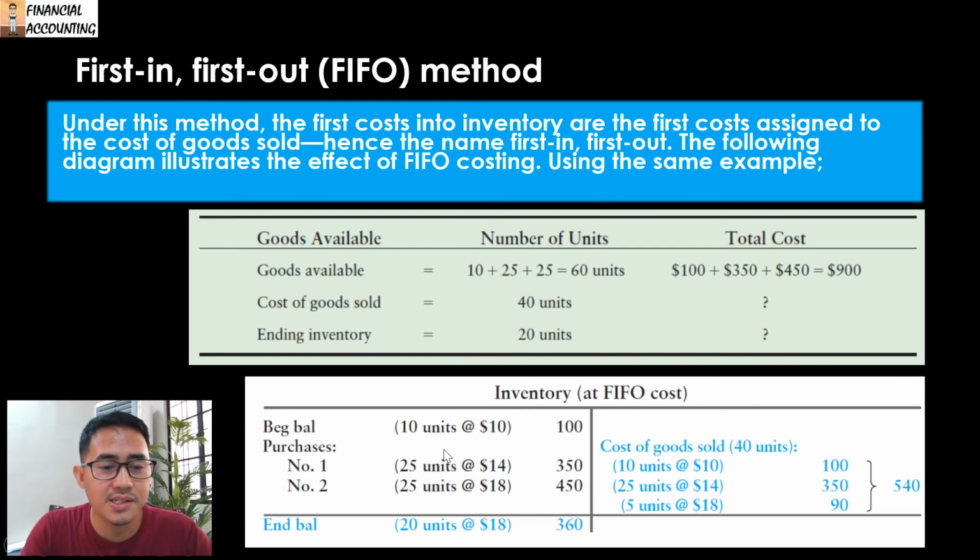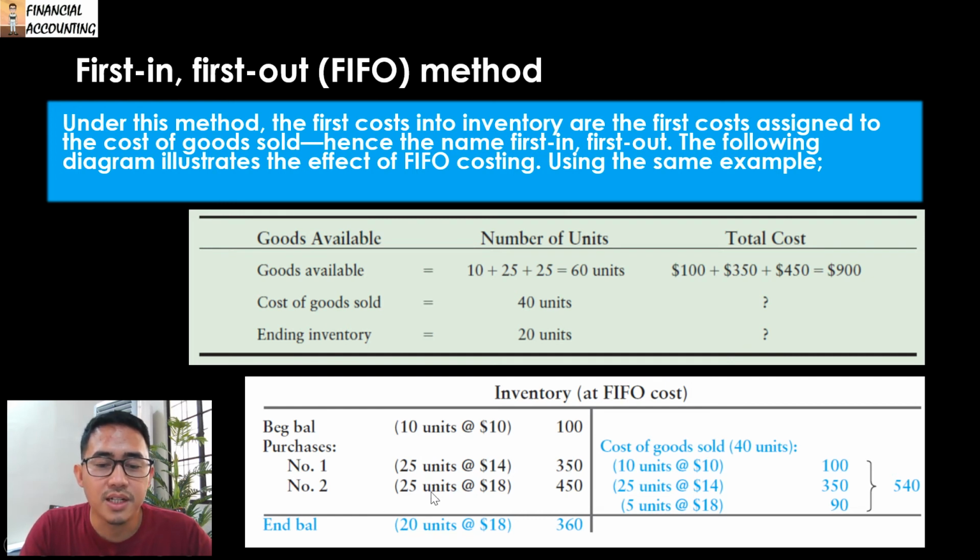And lastly, how much is the remaining amount? You have already sold the 10 units of beginning balance. You have already sold the 25 units of the first purchase, amounting to 35 units. And since you only sold 40 units, the remaining 5 units are attributable to the second purchase.